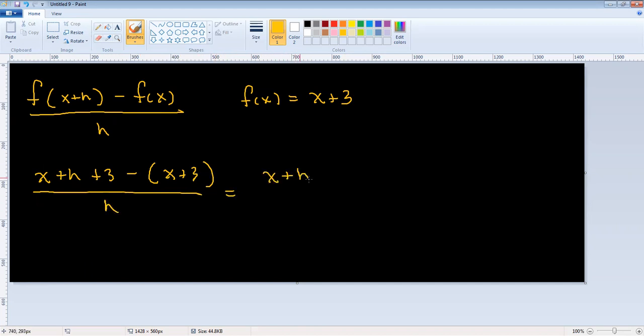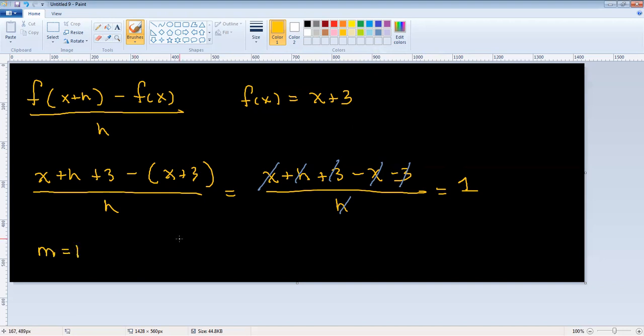So let's see here. The x's will cancel, the 3's will cancel, the h's will cancel, and we're just going to get the number 1. So the slope is equal to 1.